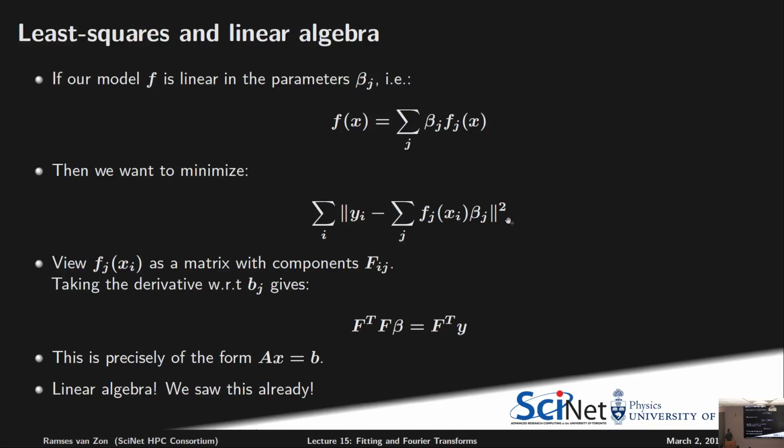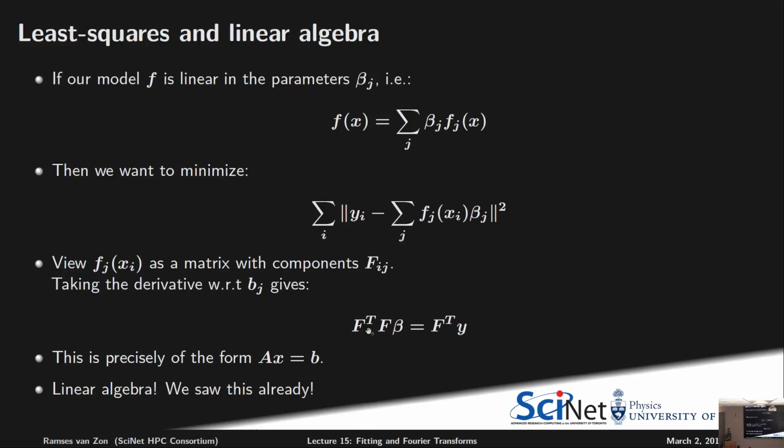And by minimizing essentially the squares of the difference between the data and the proposed theoretical estimate, what we really have, if we view this f_j(x_i) as a matrix, is a matrix equation to solve for beta. This should have been beta. So this is exactly an Ax equals b. So in the case of least squares, essentially what we're doing is just linear algebra.